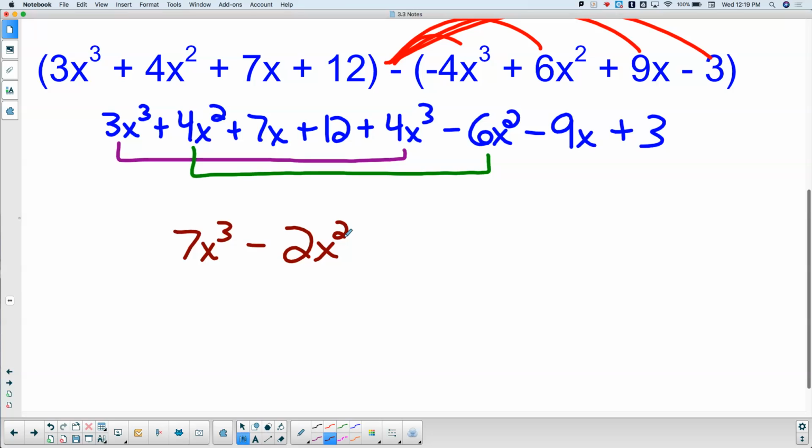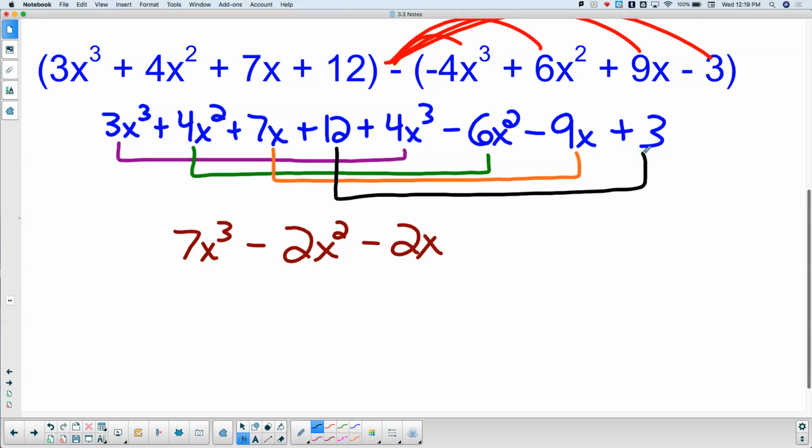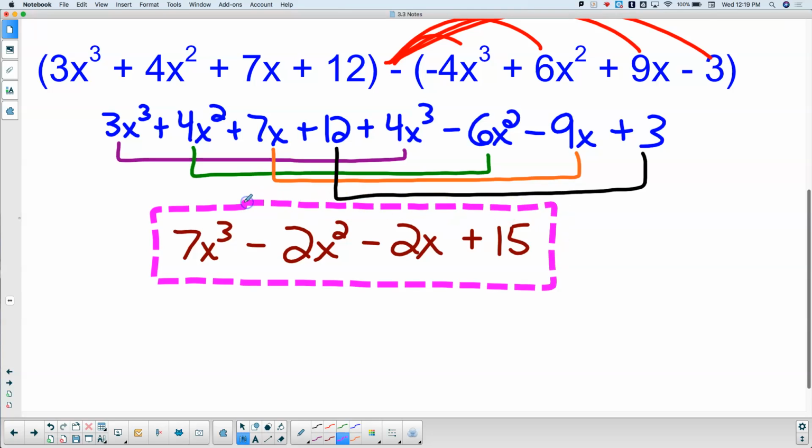I've got 2x terms, so that's going to be minus 2x. And I've got 12 and 3. 12 plus 3 is 15. Questions on that?